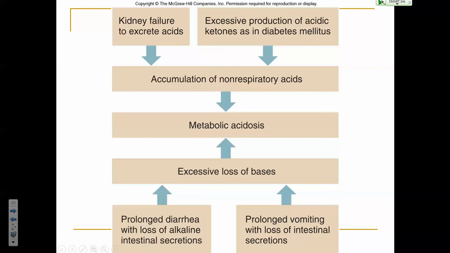But this is just a real simplified version. It's good to get the first time. When people have diarrhea for a long period of time, they're losing not only a lot of water, but they're losing a lot of normal bases, which can trigger metabolic acidosis. See? Or vomiting, same way.